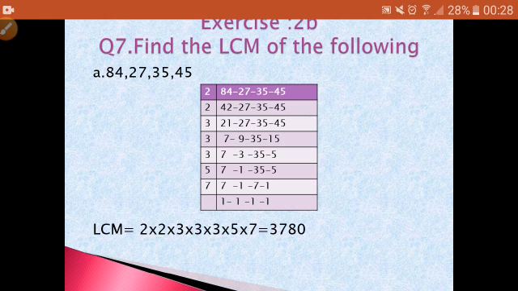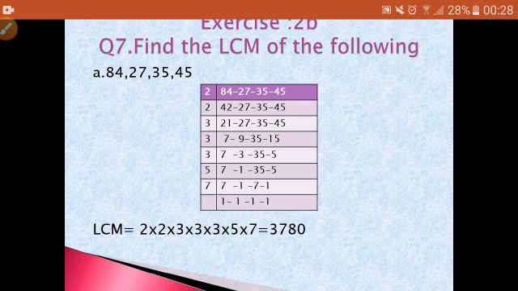Next 3 times 1 is 3, 7 remains as it is, 35 remains as it is, and 5 remains as it is. Now see, 5 is the smallest one, so let's start division with 5. 7 remains as it is, 1, then 5 times 7 is 35, and 5 times 1 is 5. Next only 7 is left to divide, so 7 times 1 is 7, and then 7 times 1 is 7.